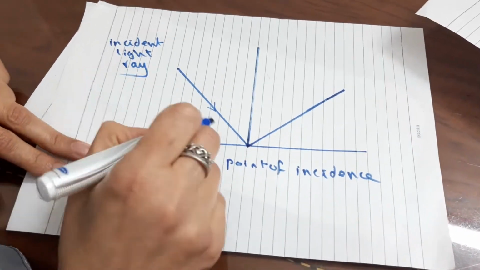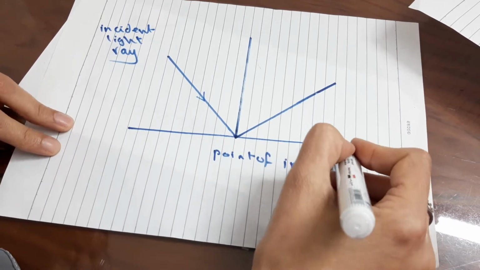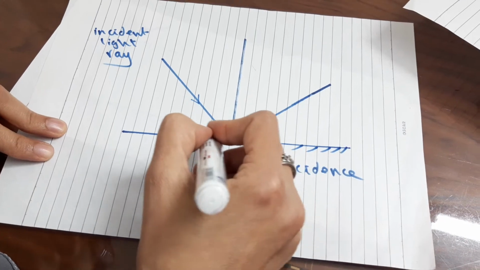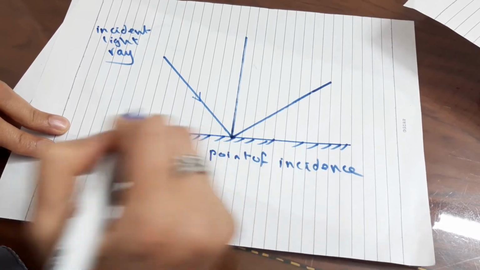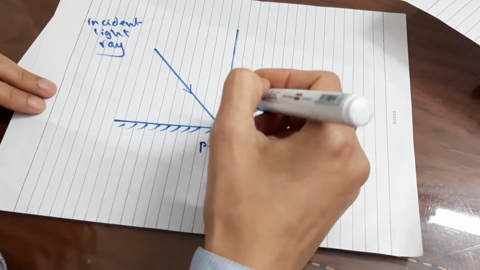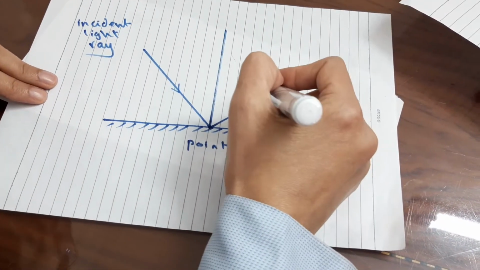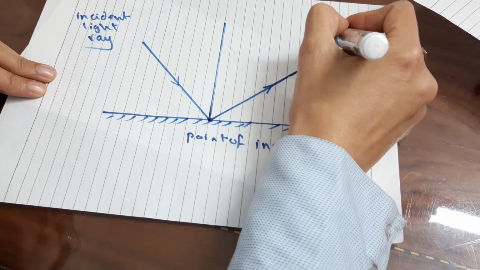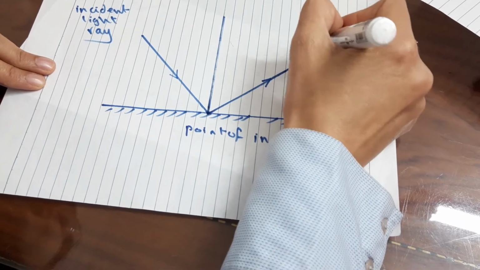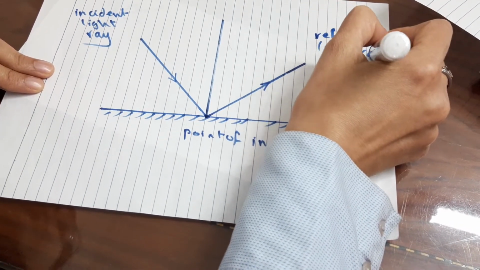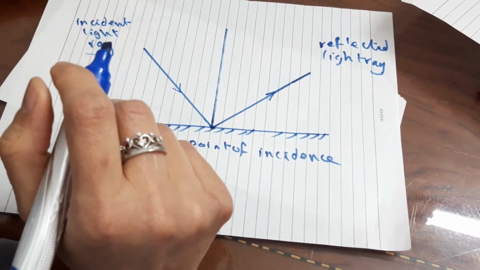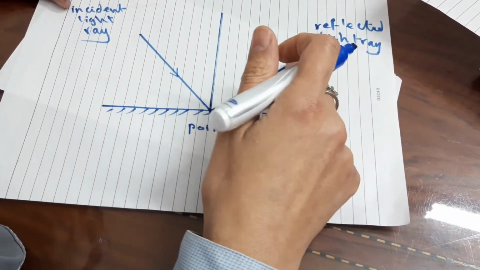When the light ray falls towards the reflecting surface and touches it at a point called the point of incidence, it is reflected to the same medium, and this light ray is called the reflected light ray. So what is meant by reflected light ray? It is a narrow light beam.